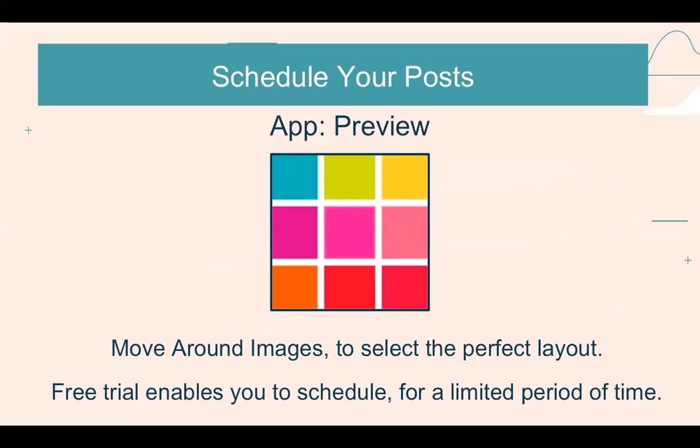You can move around images in the app itself and place them in such a way that you create a visual schedule of how you're going to go about it. That's amazing if you want to create a layout before posting. It's called Preview, by the way. And scheduling out a post is free for, I think, a month or so. So that's amazing as well.